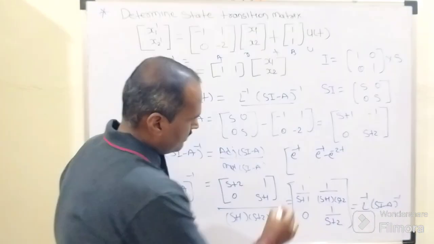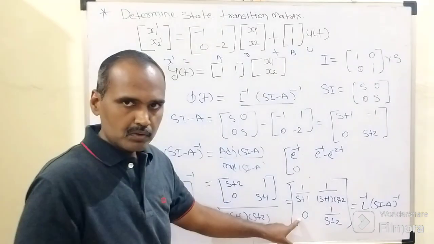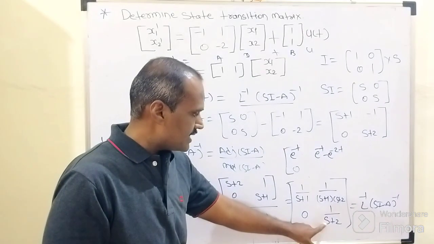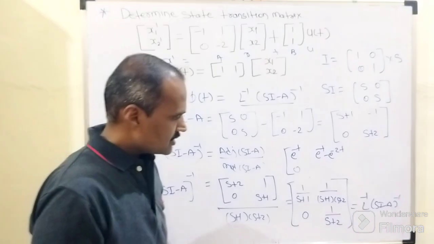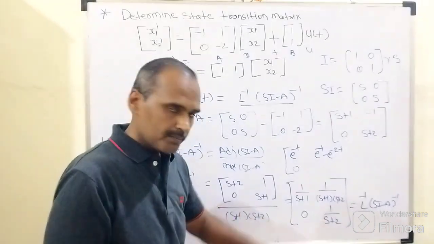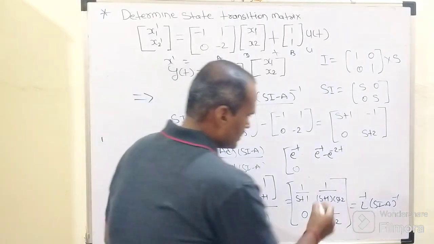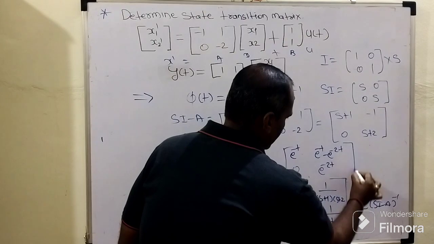Here the coefficient is 0, so its inverse Laplace is 0. The last element is 1 over s plus 2, present at row 2 and column 2, and its inverse Laplace transform becomes e to the power minus 2t.